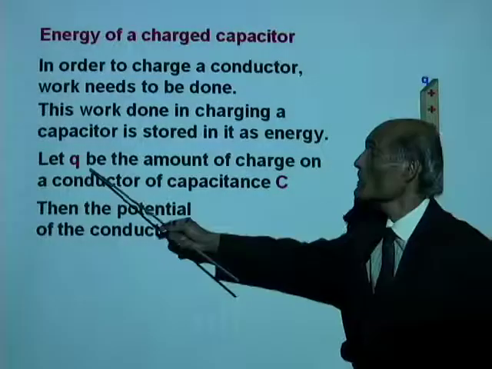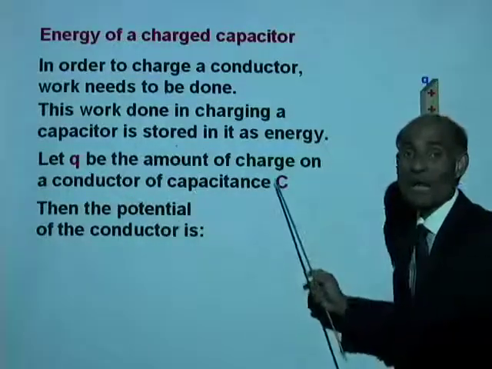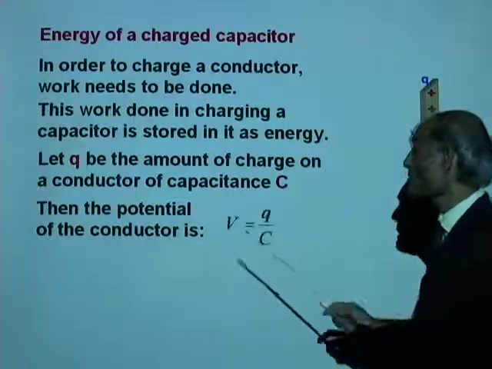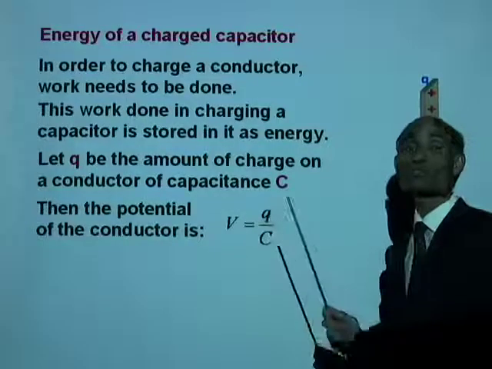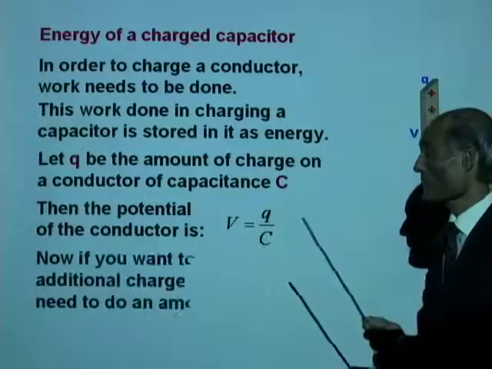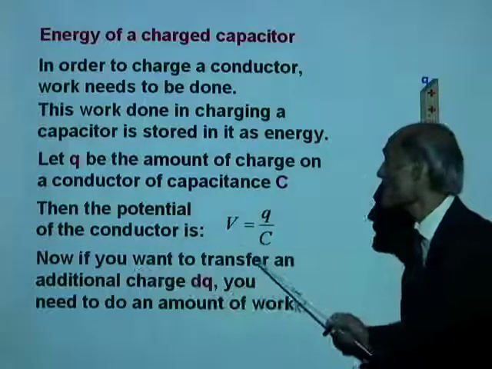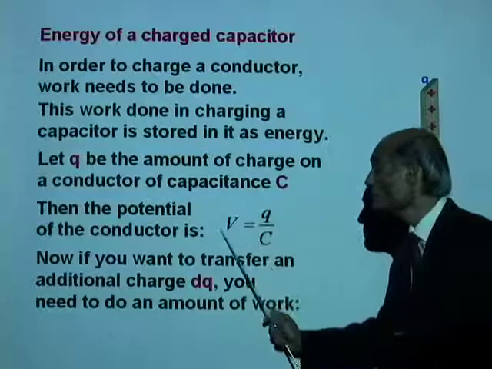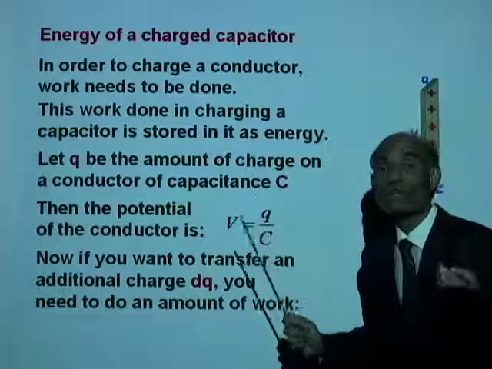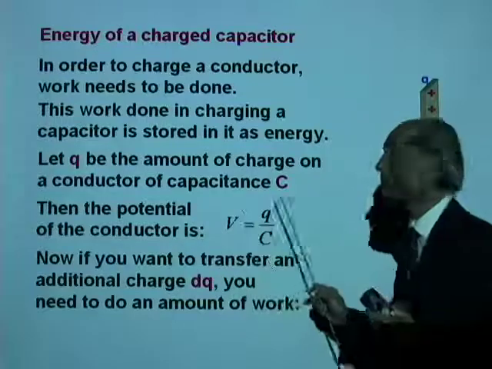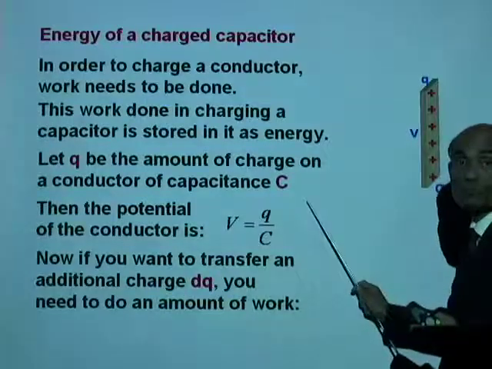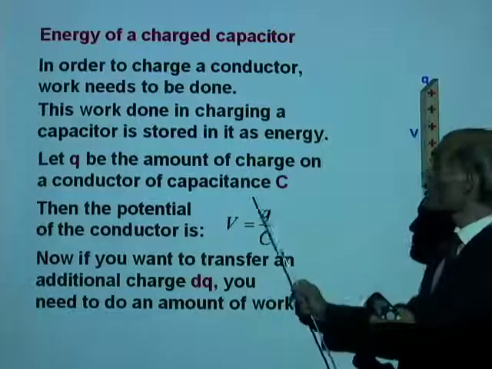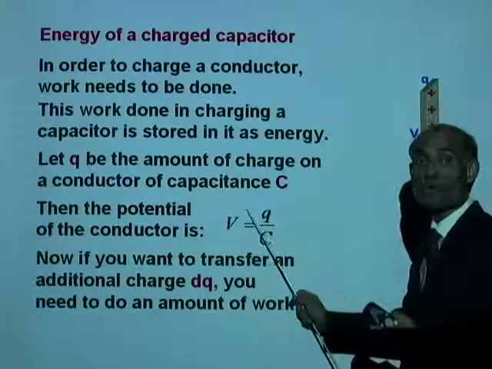So, if Q is the amount of charge on a capacitor plate of capacitance C, then the potential of the conductor will be V equal to Q over C. Now, remember, V stands for work done per unit charge. If I want to move 1 coulomb of charge and put it on this capacitor, I need to do this many joules of work.